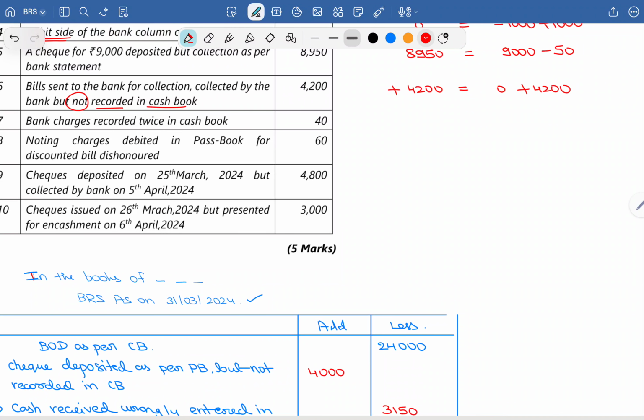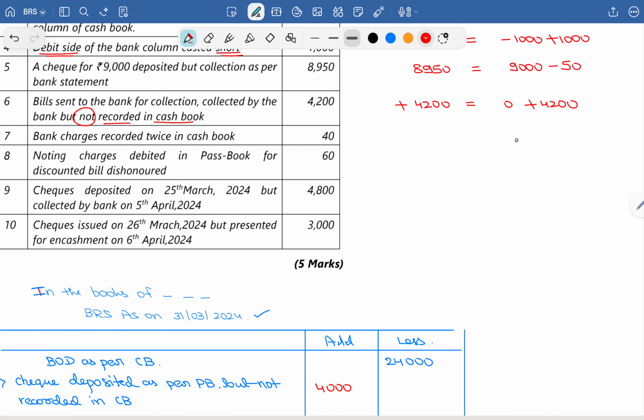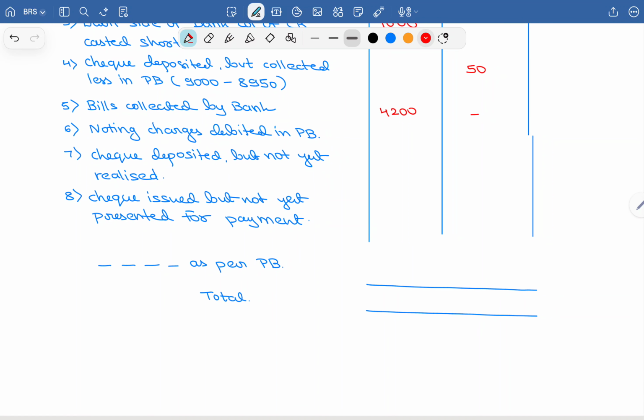Next, bank charges recorded twice in the cash book. So bank charges recorded twice, so minus 40 and minus 40. We have recorded twice. In the passbook it is only one time, minus 40. So to nullify this minus 40 double time, I will add 40 so that minus and plus get cancelled. Minus 40 and minus 40 will remain the same. So plus 40.